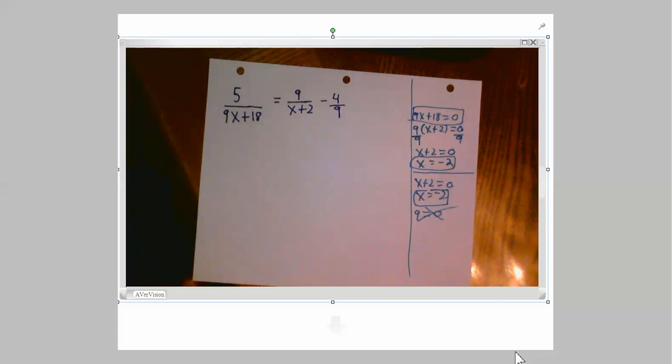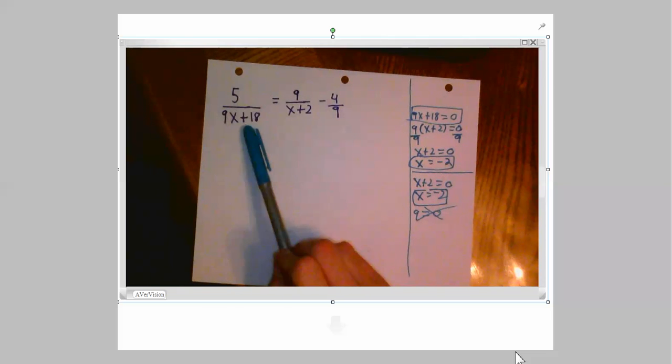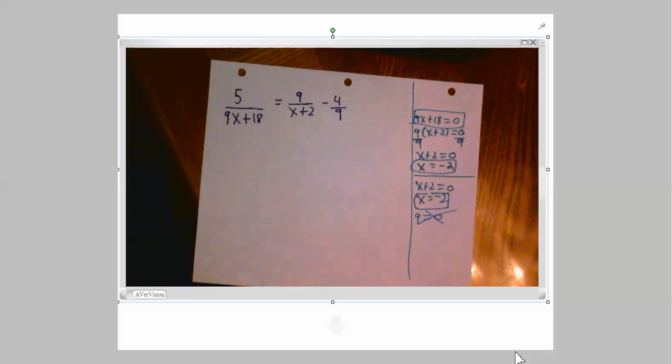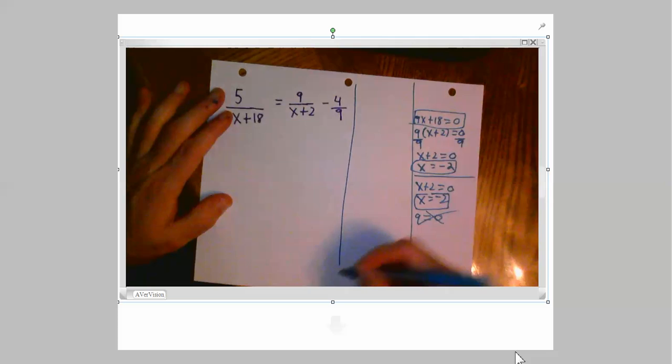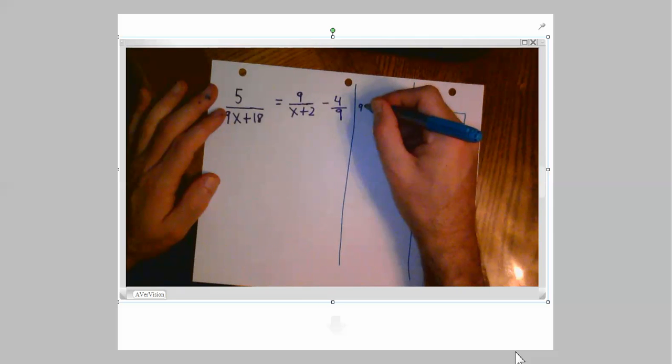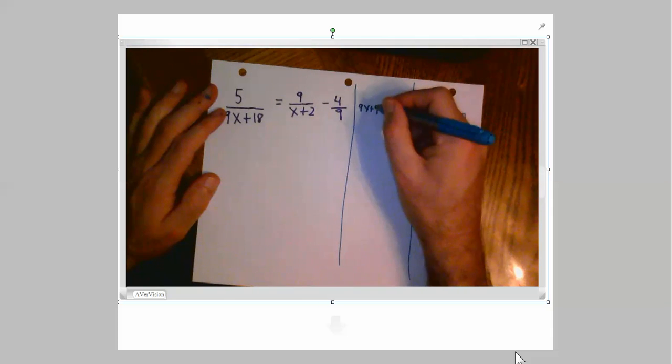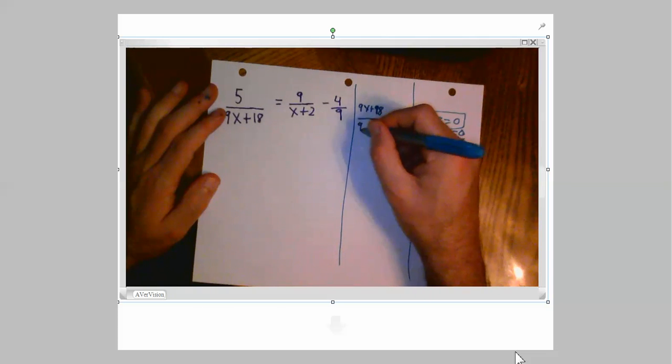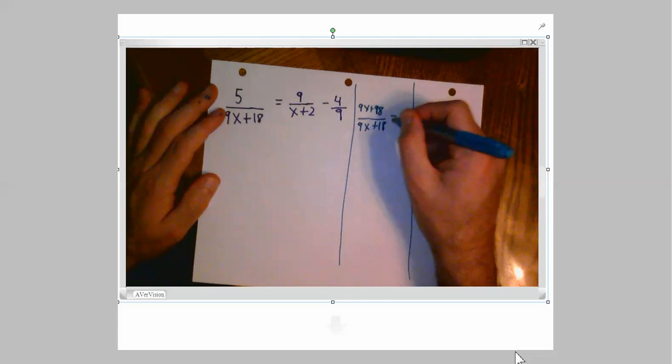Okay. So now what we need to do is multiply both sides by an expression that is divisible by 9x plus 18, x plus 2, and 9, right? Well, we know that 9x plus 18 divided by 9x plus 18 is equal to 1, right?